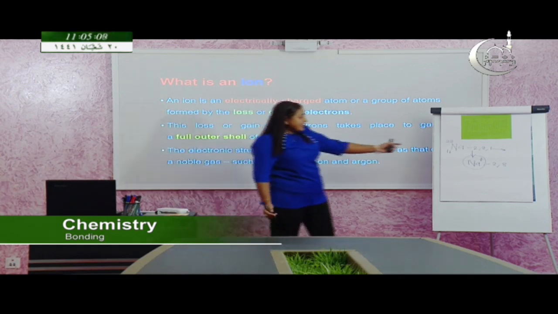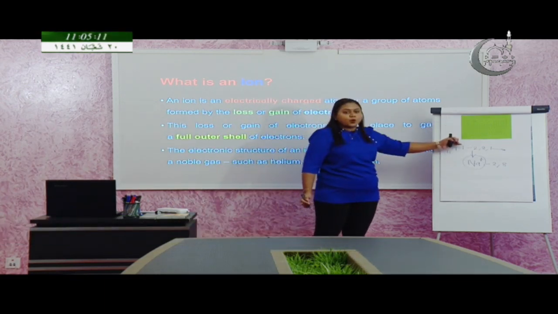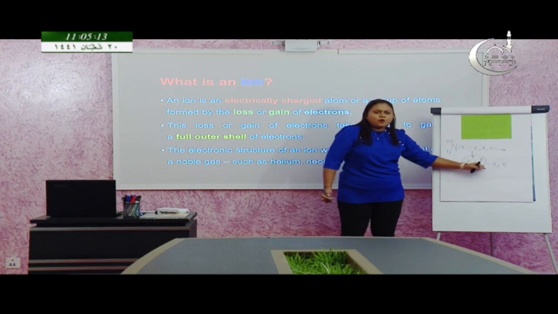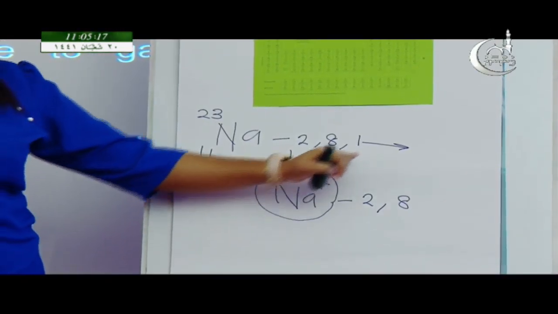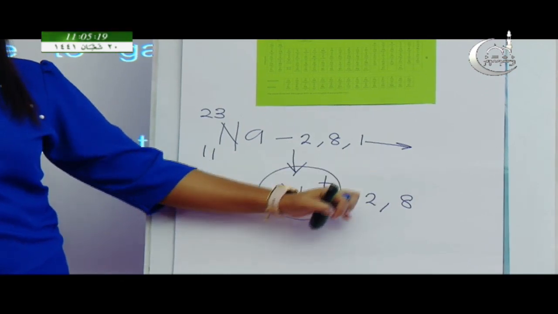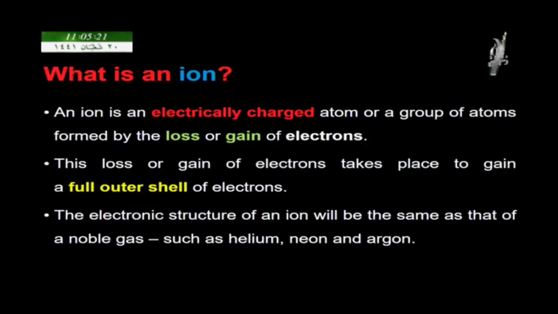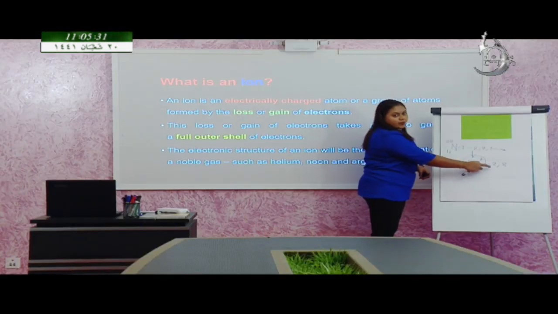Now here sodium is a metal, it belongs to group 1. So now you know that all the metals in the periodic table will form positive ions because they are losing electrons. Referring to this point, the electronic structure of an ion will be the same as that of a noble gas. Now, if you calculate the total number of electrons of the sodium ion, how much is it?